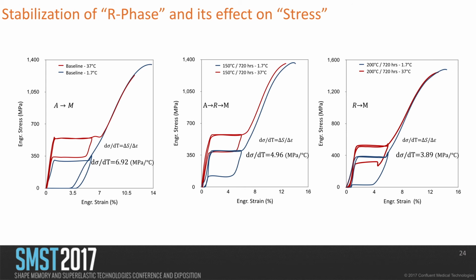And in the case that we're stress-inducing Martensite just from R phase, no austenite in there, it's about 4. So even though we have a suppression of Martensite, so delta T goes up, the d sigma dt goes down, and as a result, the upper plateau stress drops instead of going up.